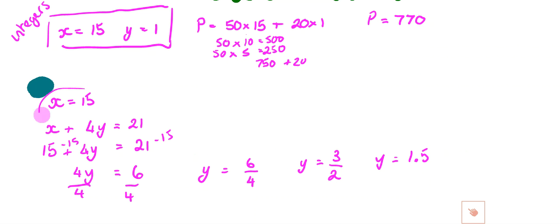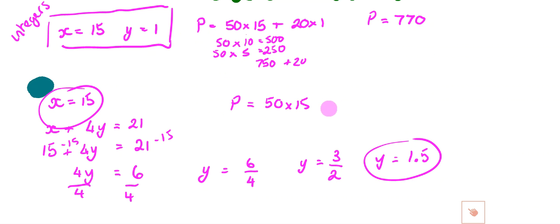So we actually think x is 15 and y is 1.5. Now that is truly optimizing it. And what do we actually get? Well, we get p equals 50 times 15 plus 20 times 1.5. Well, we know that 50 times 15 is 750, so what do we add?